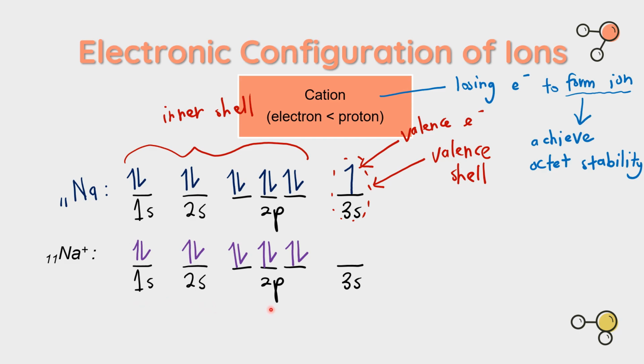So now this will be our new ionic electron configuration for sodium plus. In this new ion configuration, we will have this orbital as the valence shell. So in this valence shell, we have as much as 8 electrons. So that means this ionic configuration of sodium plus has achieved the stability of octet.